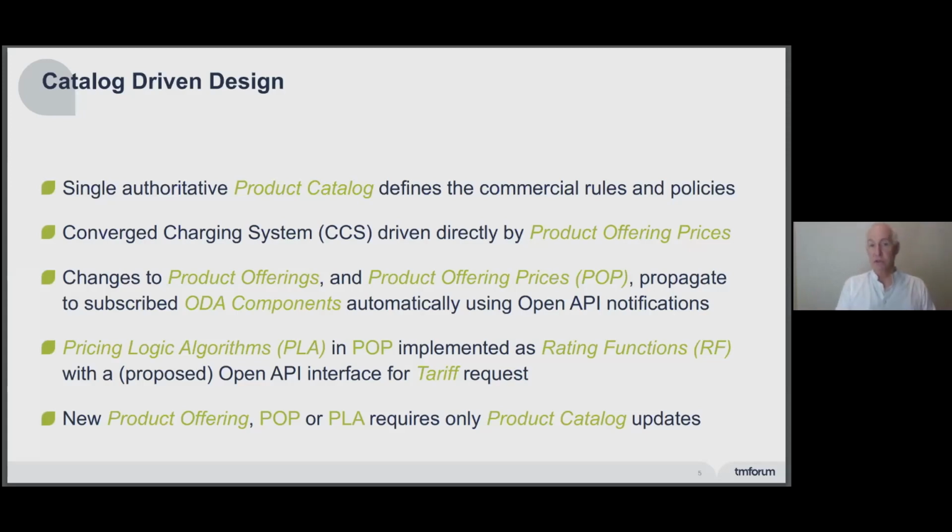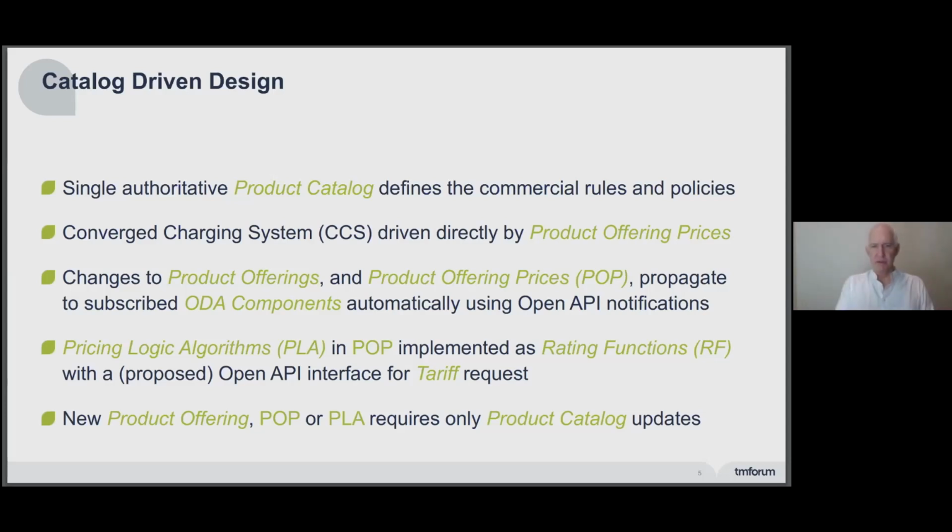So the converged charging system will be directly driven by product offer prices. So there's no separate provisioning putting prices into the CCS when you change prices. The product offering prices are updated in the catalog, and they are reflected automatically to the CCS. And that's kept in sync with OpenAPI notifications.